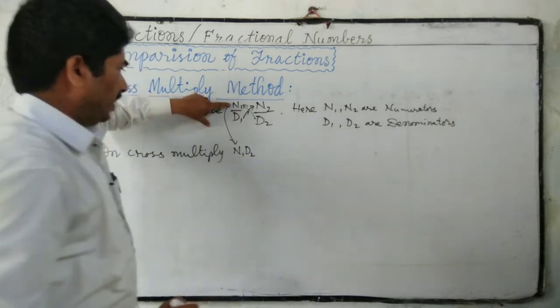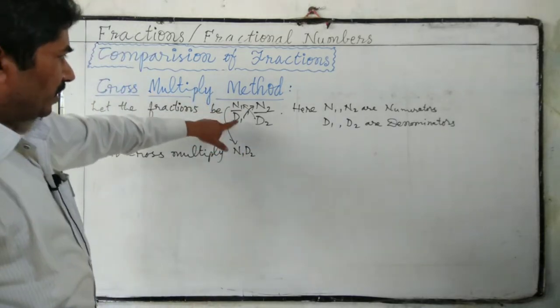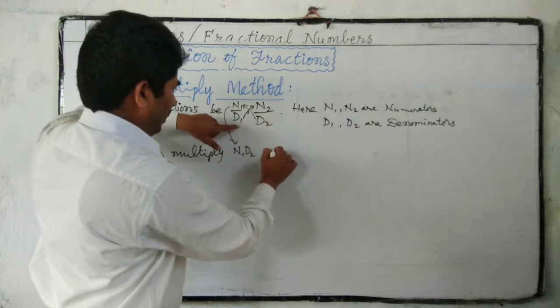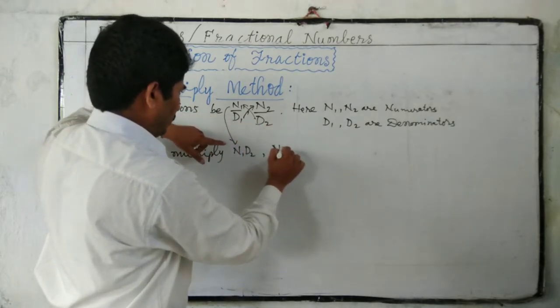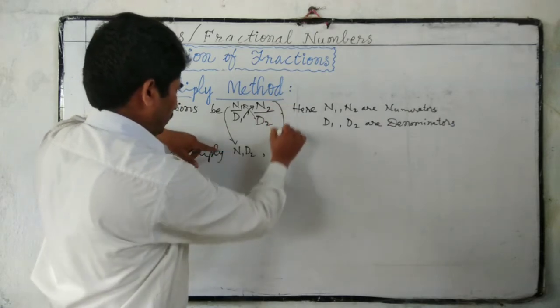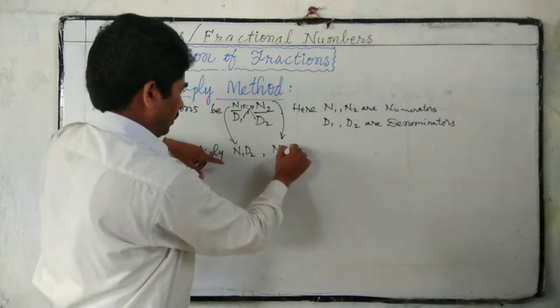First we have to write the numerator first, n1 d2, n2 d1.